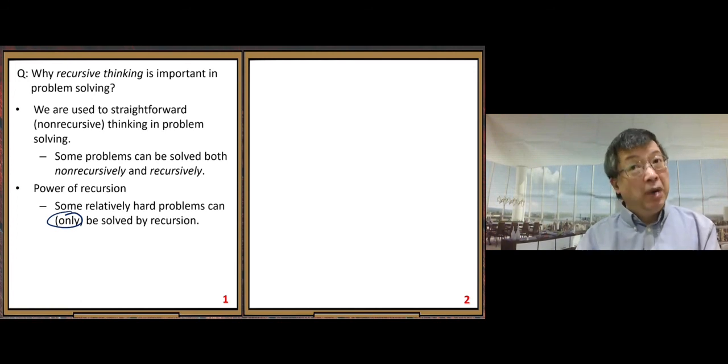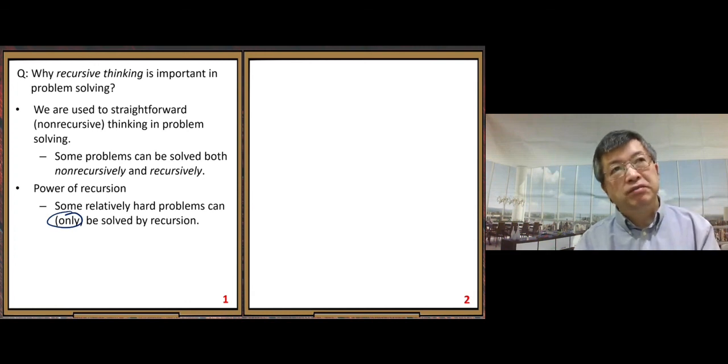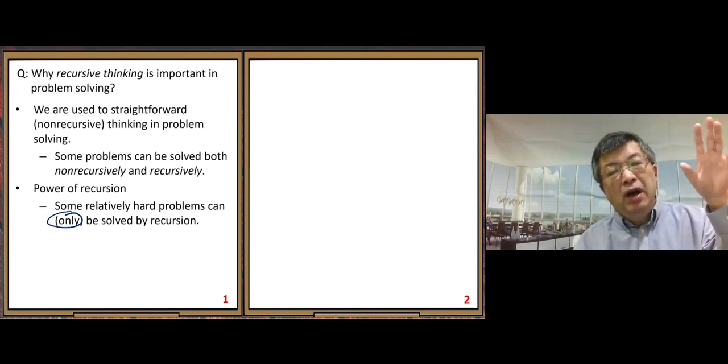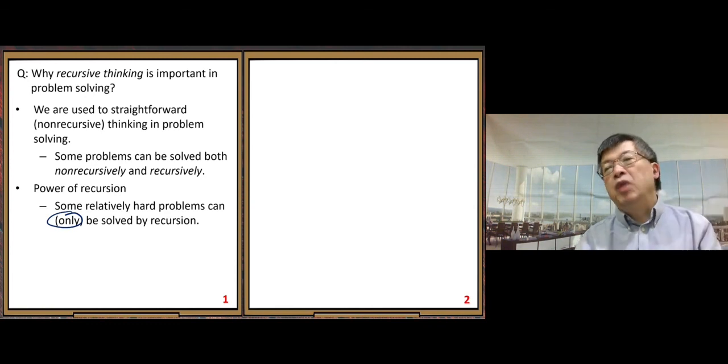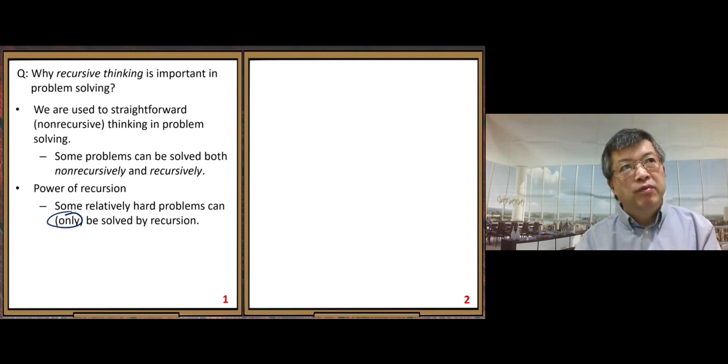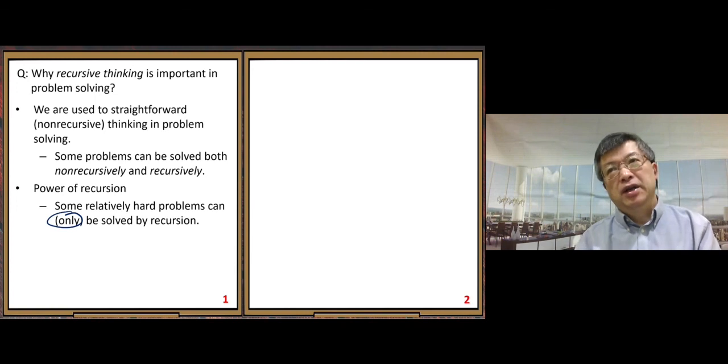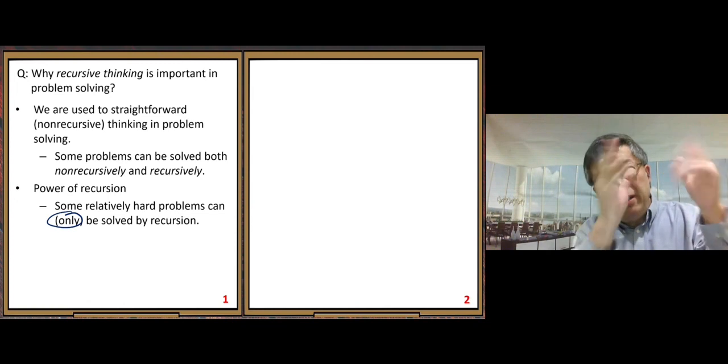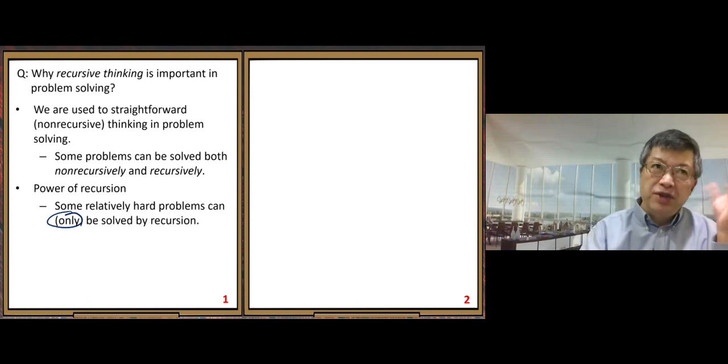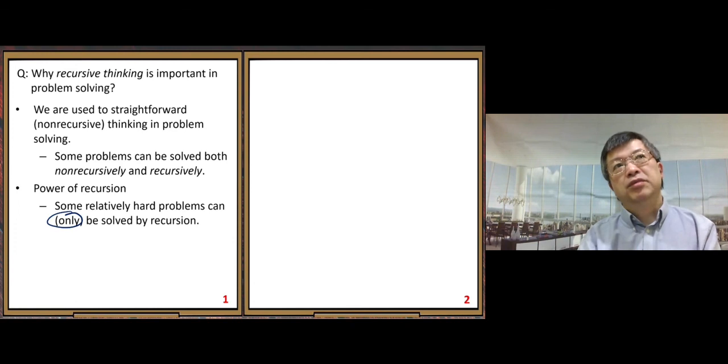But based on our real world experience, it's quite different. Some difficult problems, without using the recursive method, you cannot imagine how hard they are to solve. There are many problems like that. For that reason I put parentheses around "only", because there is some argument related to this issue.